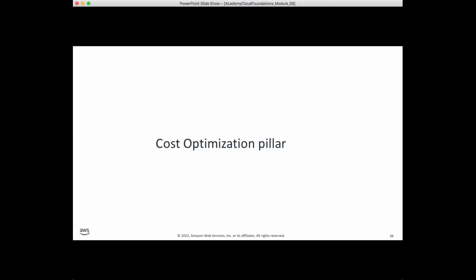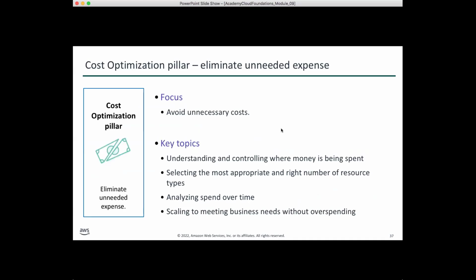Now we have the last one, the cost optimization pillar, right? The cost optimization pillar in the AWS Well-Architected Framework is to eliminate unneeded expenses. So basically, the focus is to avoid unnecessary costs.